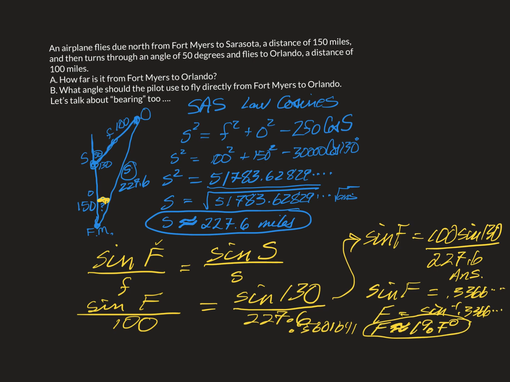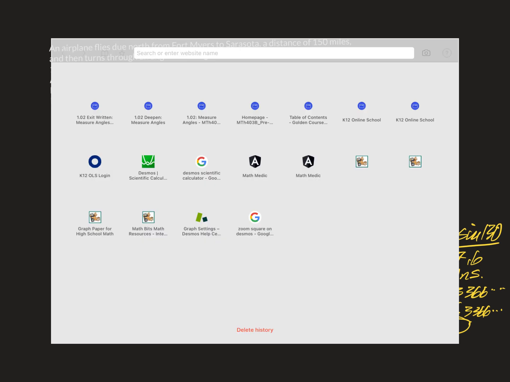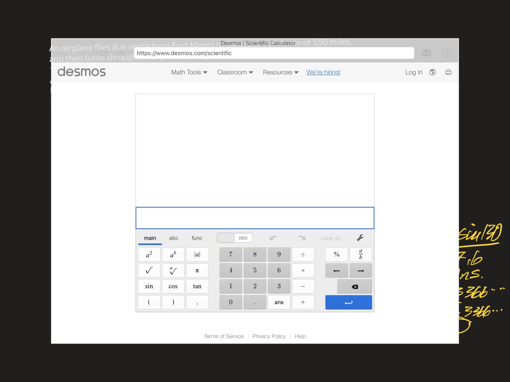Okay, let's look at this on Desmos. Okay, so let's go back. Let's go to my browser. Let's grab the Desmos scientific calculator. So what would these calculations look like? So the first one I did was the calculation to find the side that we were looking for, the distance from Fort Myers to Orlando.